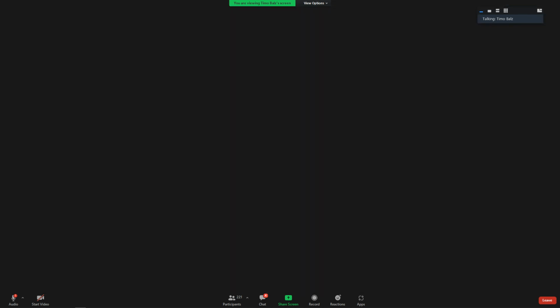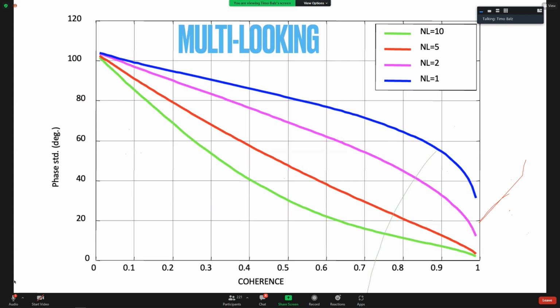Right? You see here the phase standard deviation given in degrees. Often we give the phase in radians from -pi to pi, but we can also express it in degrees. And you see, if we have no multi-looking, we have rather high phase errors, even at rather good coherence.